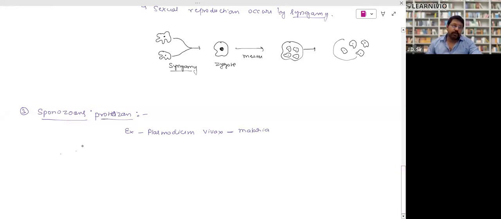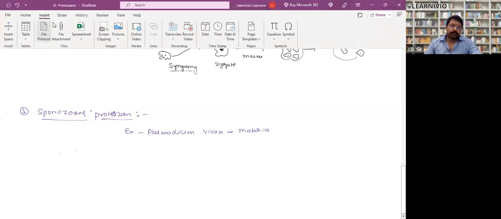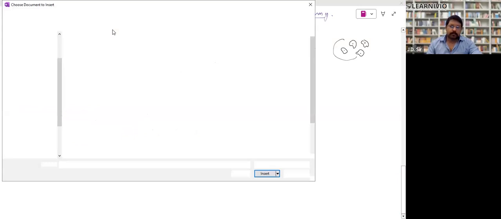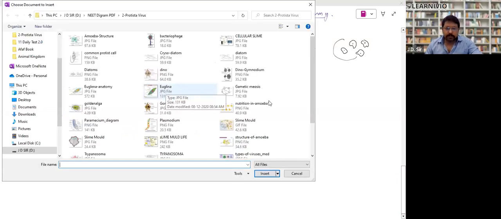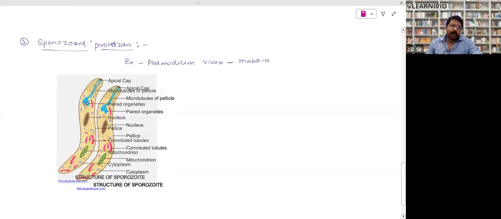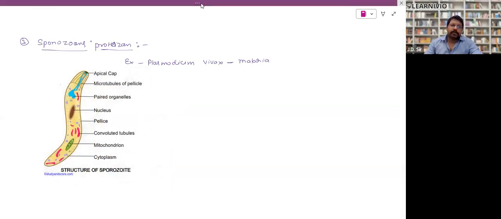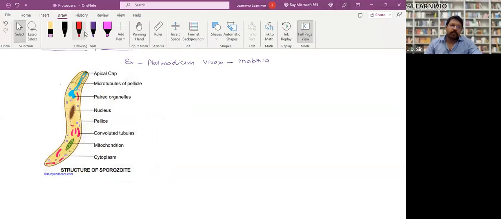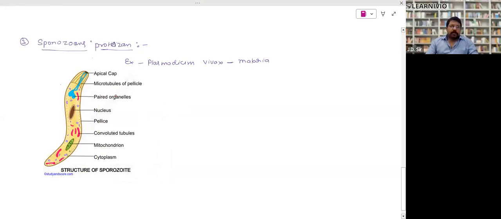Now let me show you the diagram of this. Plasmodium, where is the plasmodium? This is the plasmodium. So this diagram belongs to Plasmodium, right? As you can see, it's a very minute, small organism, and there are some organs.